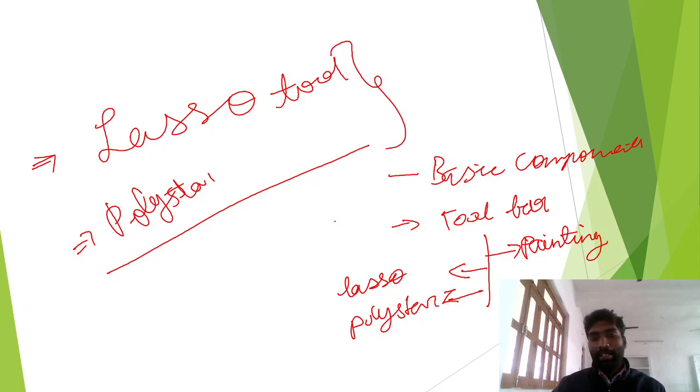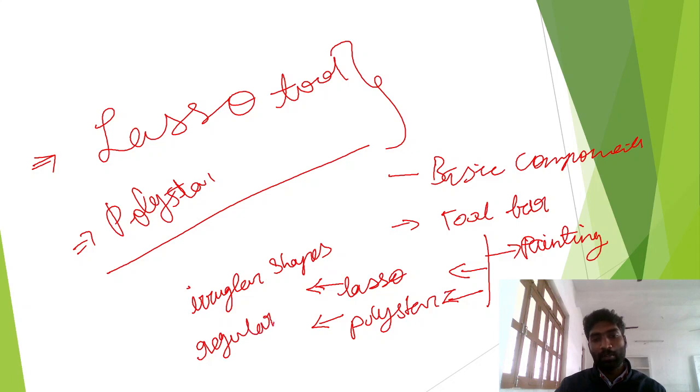The lasso tool is used to select irregular shapes. But the polygon tool is used to select regular shapes. Sir, what are irregular and regular?